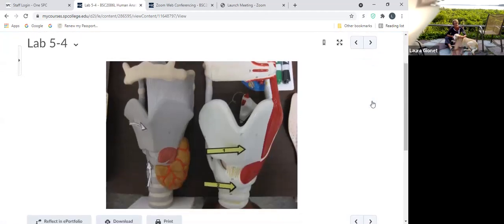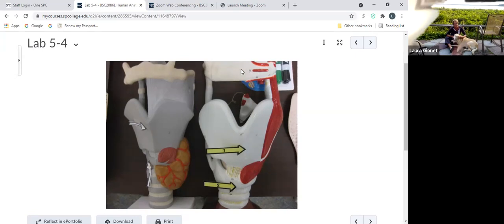Okay, then we're looking at larynx models. We have both of them here, which is nice. The gray one on the left and the one to the right is kind of greenish, like light bluish. Generally, where you see light blue on cartilage, that means it's going to be hyaline cartilage. Up at the top of both of them, those are the hyoid bones, the hyoid bone on both sides.